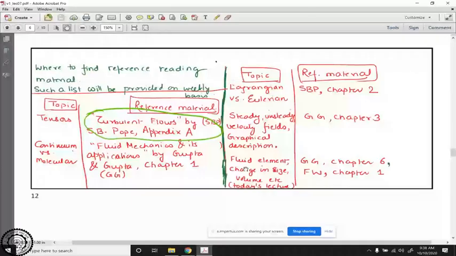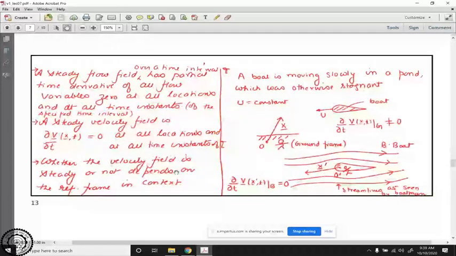And the other topics that are coming up in today's lecture or on Tuesday, fluid element change in size, again GG chapter 6, or FW is Frank White. The full title of this book is there in the course document, so you can go to chapter 1 of FW, Frank White, or GG chapter 6. Okay.